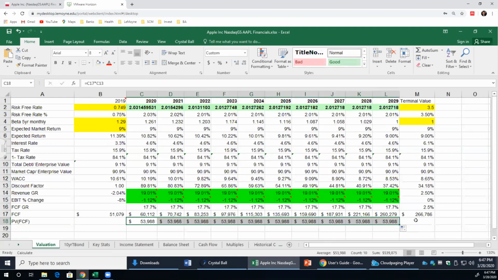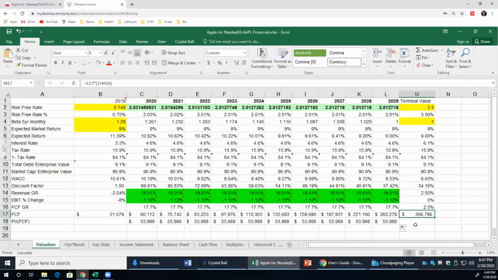However, for the final year, the terminal year, I will assume that this free cash flow in year 11, basically year 2030, will continue growing at the rate of 2.5% perpetually. So how am I going to do that?